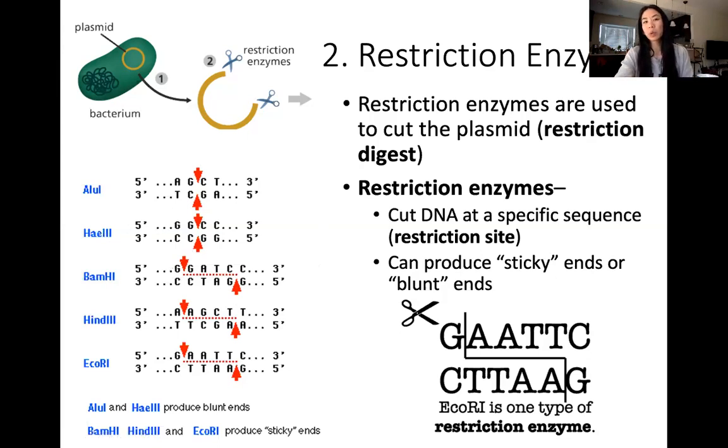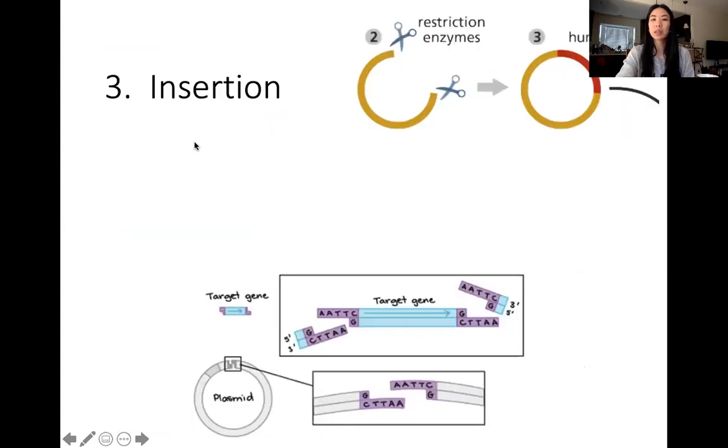So restriction enzymes will cut the plasmid open on this diagram. So number 2, cut the plasmid. The purpose of this is so that once the plasmid is cut open, you can insert whatever gene you want to produce. In this example, we're trying to make insulin. People who are diabetic need to have insulin.